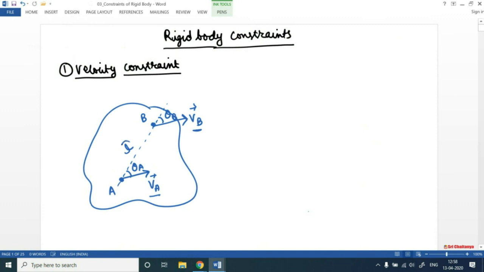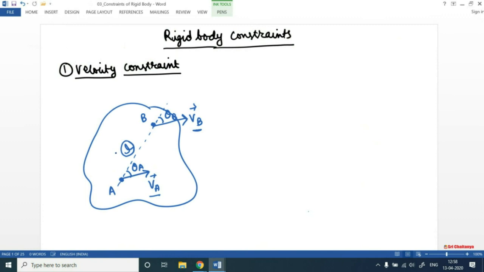It is going to remain L. This is basically a part of the rigid body constraint. This is a rigid body and its shape and size will not change with respect to time. So the distance between A and B is not going to change.